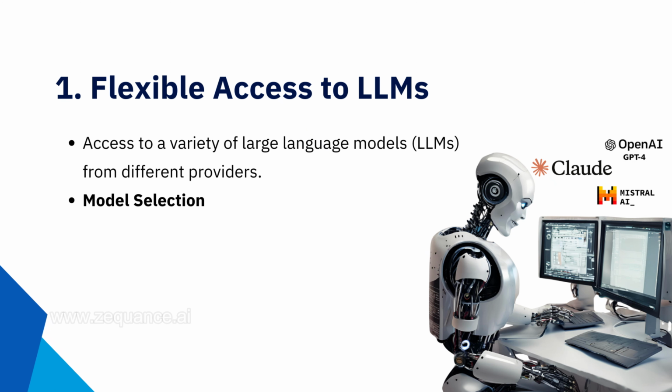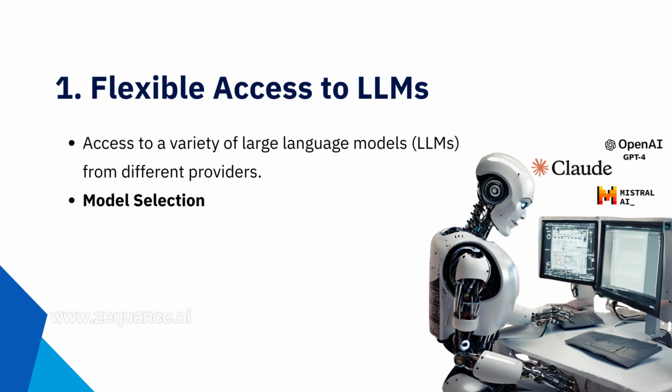SAP Generative AI Hub provides access to models from providers such as Azure OpenAI, Meta, Google, Mistral, and Anthropic. This means that instead of being limited to one type of model, users can pick and choose from models like GPT, Claude 3, Titan, and Llama, etc.